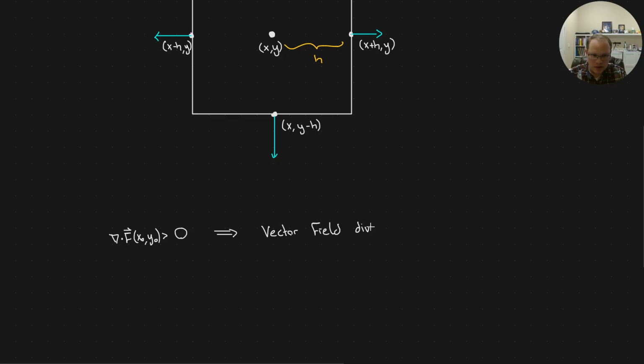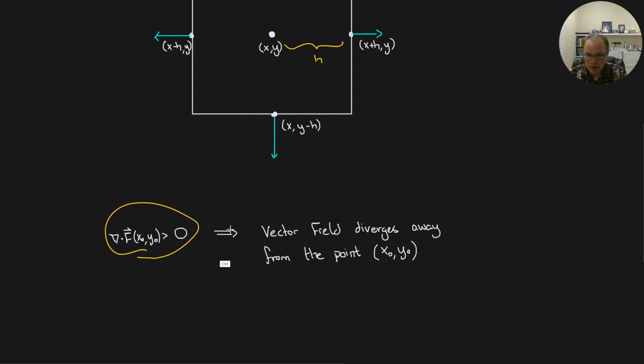The vector field diverges away from the point x naught, y naught. If you think of the flow of some fluid, maybe the flow of air in space, the flow of air around you, if the divergence is greater than 0, that means the flow is flowing away from that point. It would be losing density.